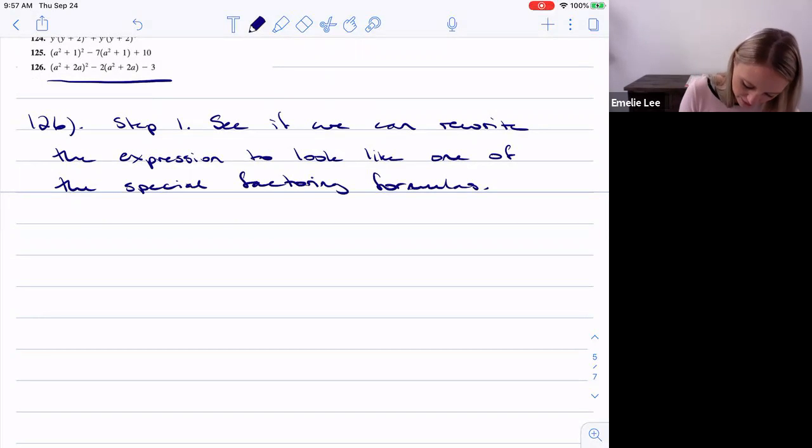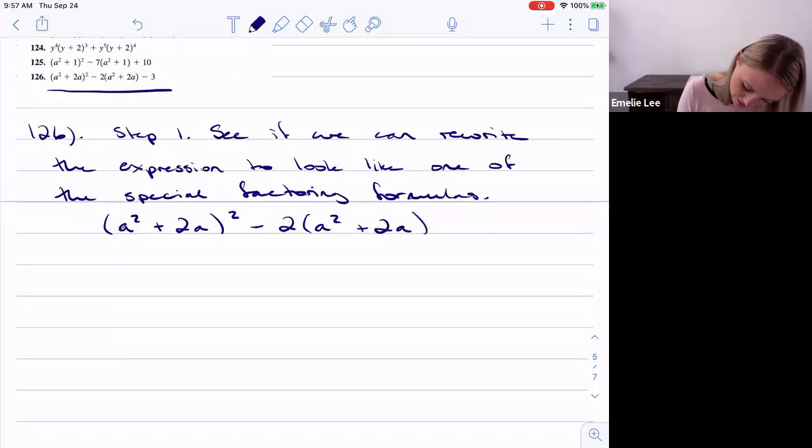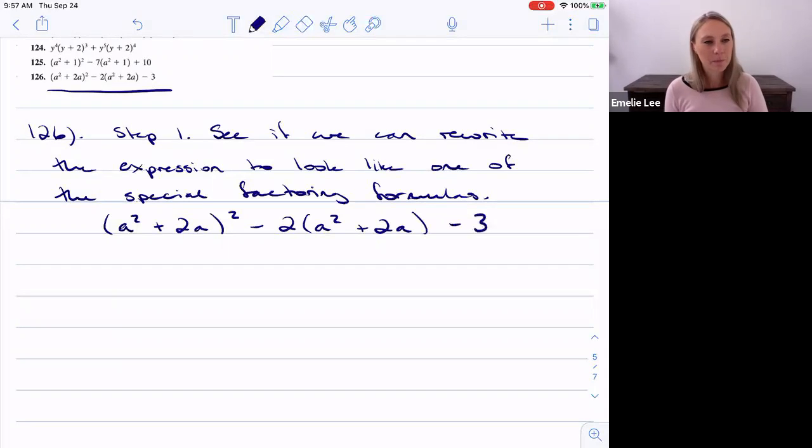So I'm going to write it out here. And I've got (a squared plus 2a) squared minus 2 times (a squared plus 2a) minus 3.